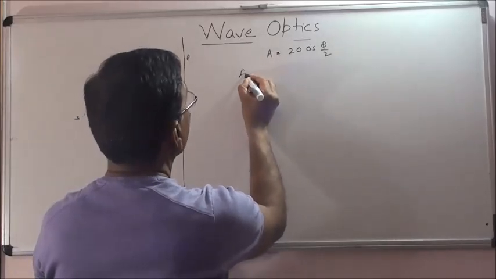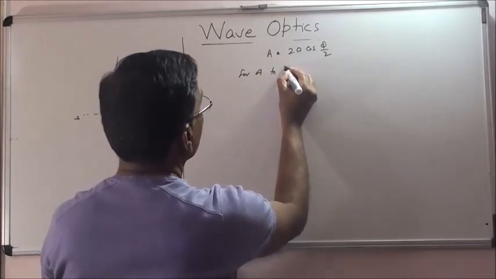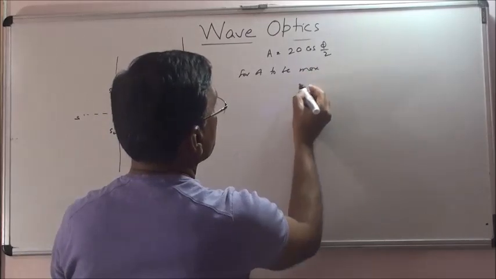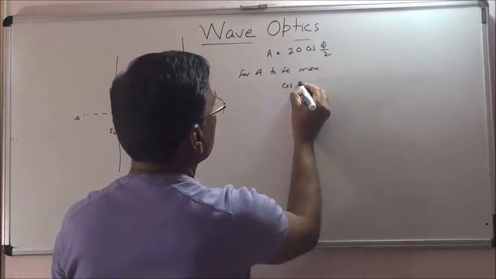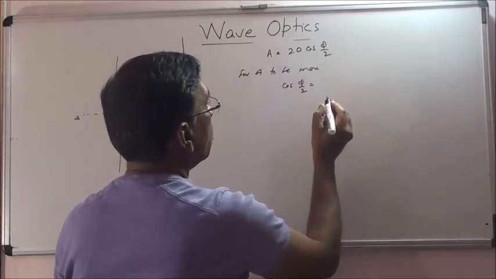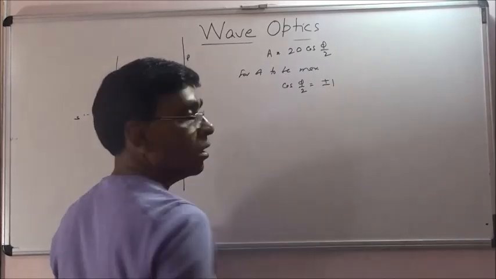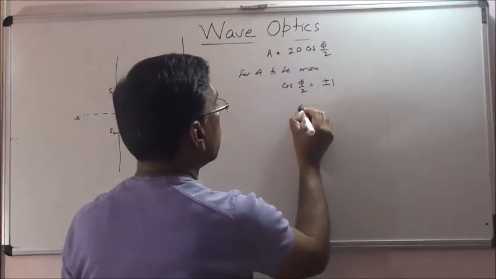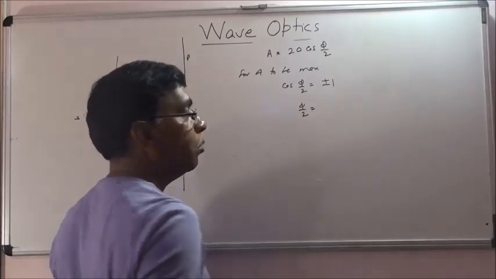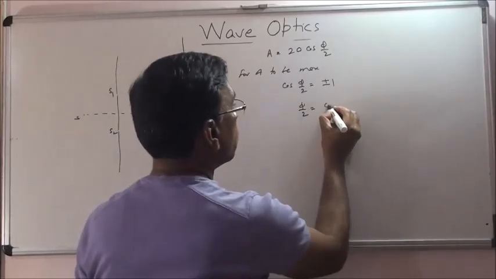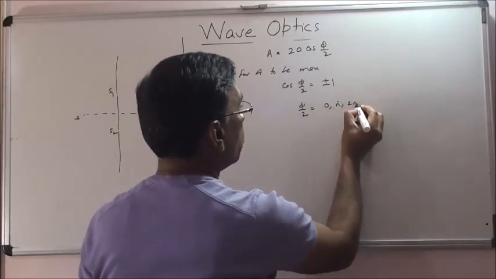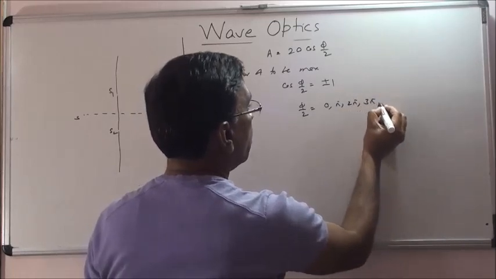So for the amplitude to be maximum, cos phi by 2 should be plus or minus 1, which means phi by 2 should be 0, pi, 2 pi, 3 pi.